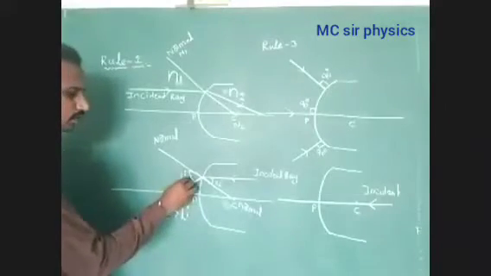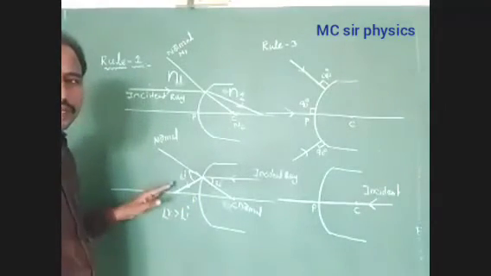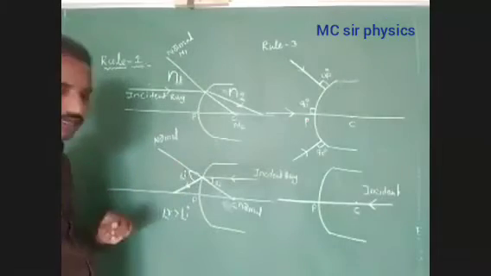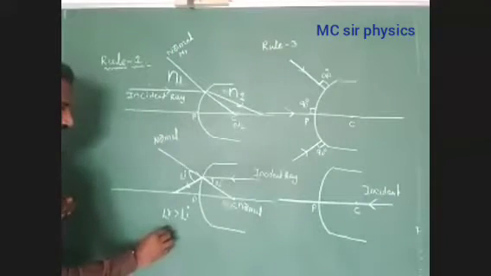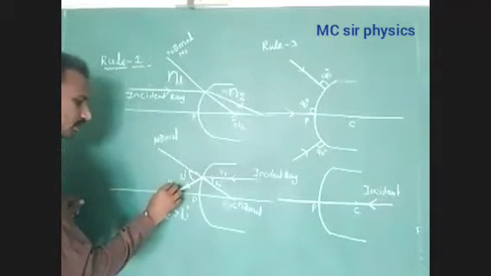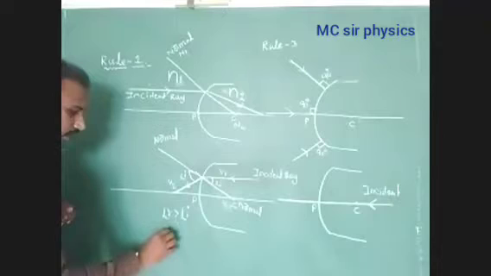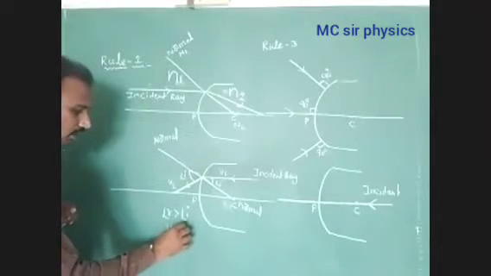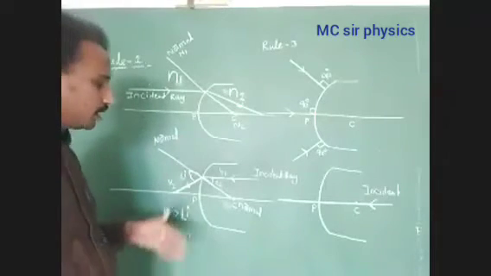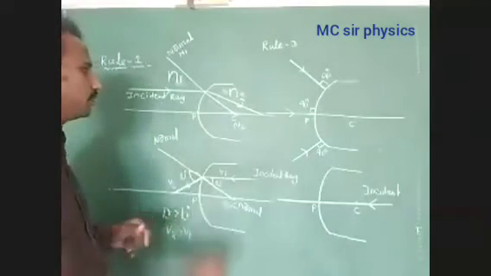Here, the velocity of light in a rarer optical medium is more than the velocity of light in a denser optical medium. So we consider the velocity of light V1 in the rarer medium and V2 in the denser optical medium. Here V2 greater than V1. This condition also we have to compare: angle of incidence and angle of refraction.